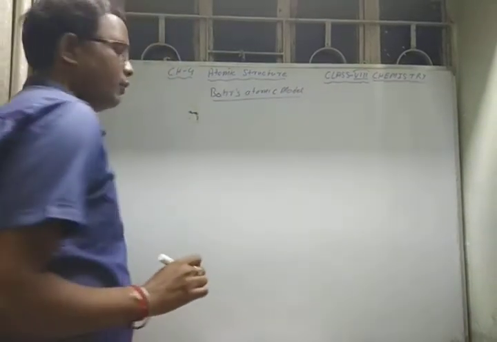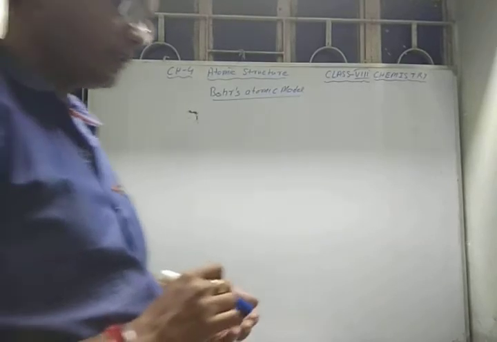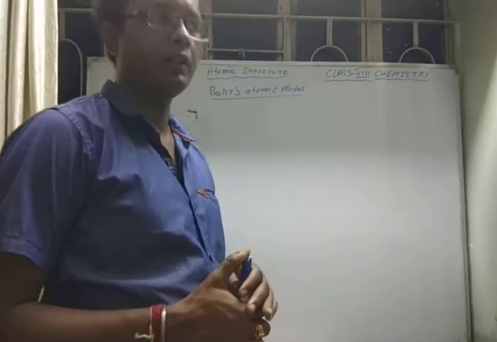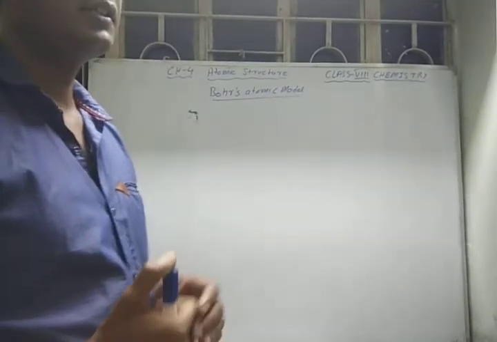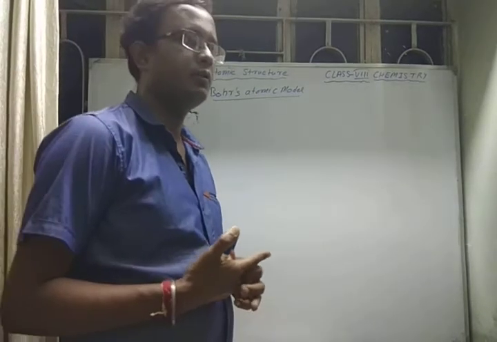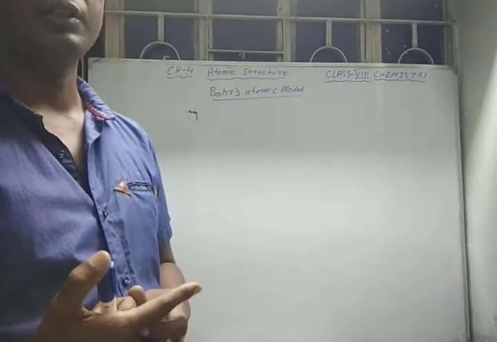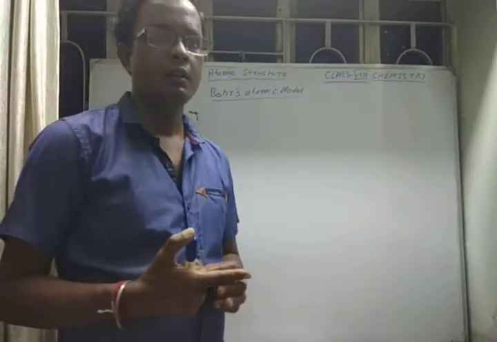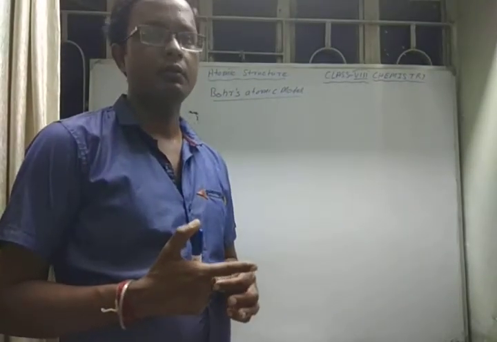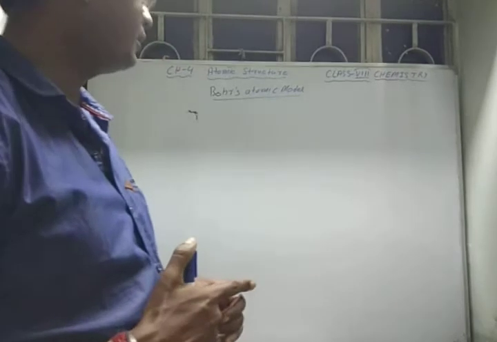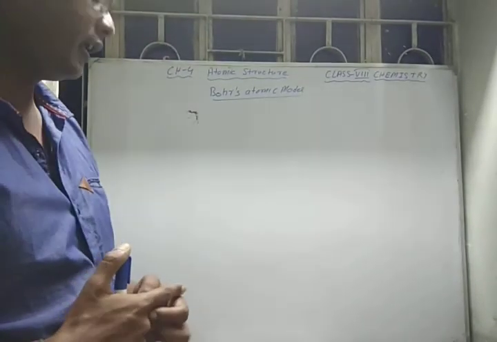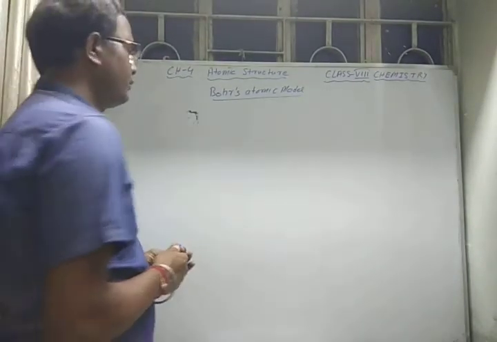When Niels Bohr gave his atomic model on the basis of the Rutherford atomic model, since Rutherford was not able to show the stability of electrons in the shells, Niels Bohr made it possible. He said how electrons revolve around the nucleus.